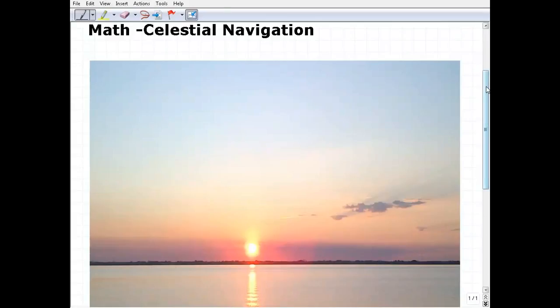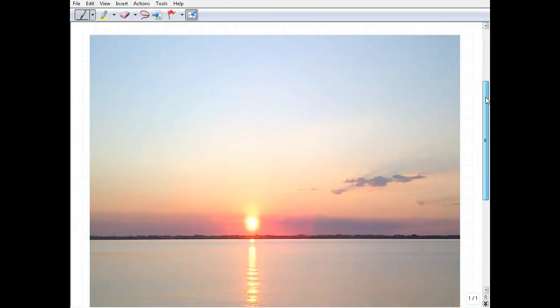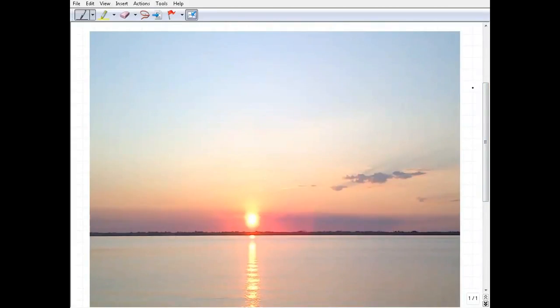Here are the basics of how it works. Let's say I'm out there and I see a star, and I recognize that particular star in the sky.